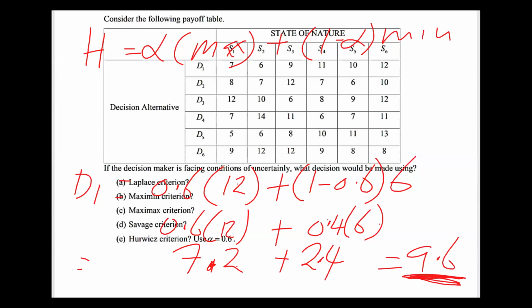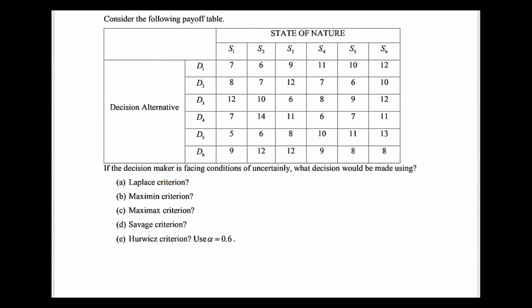Then we can go now to the next decision. You do the same when you go to the second decision. 0.6 alpha times the highest score, which is 12, right? Plus 0.4 times the lowest score, which is 6.